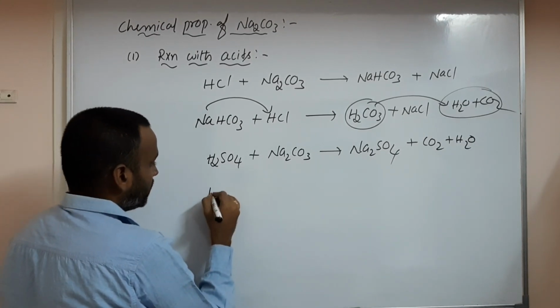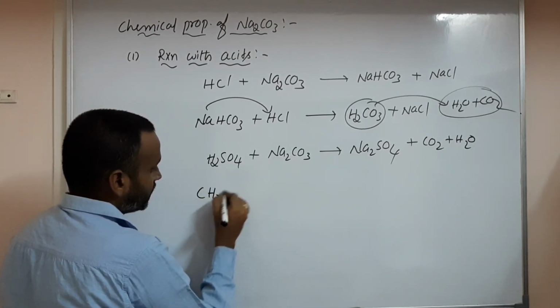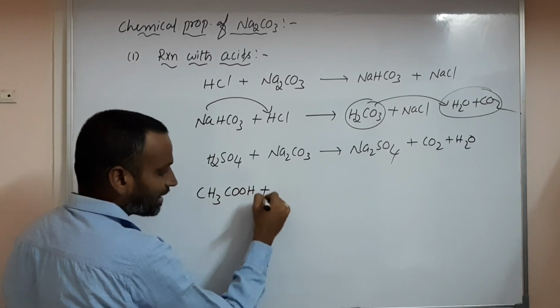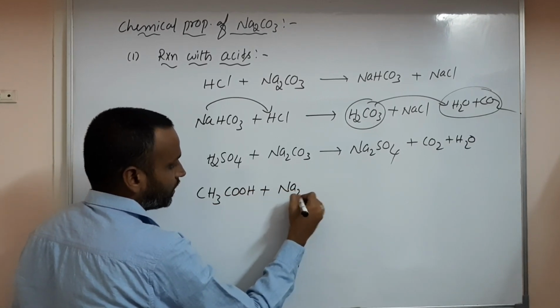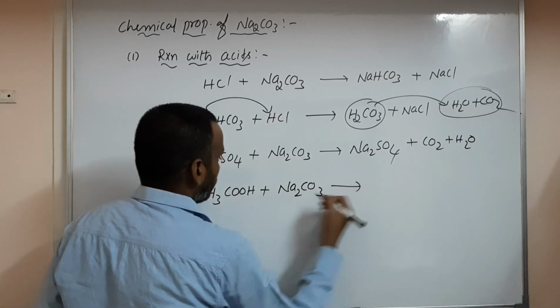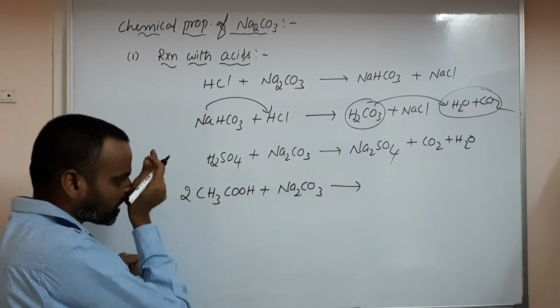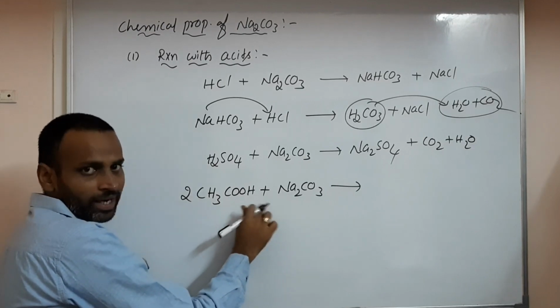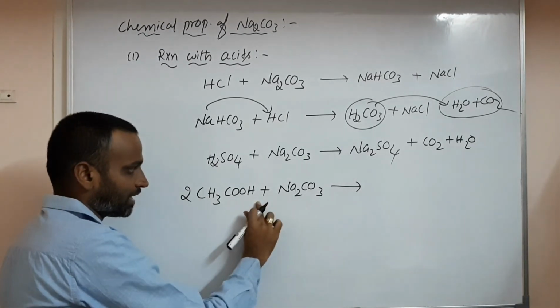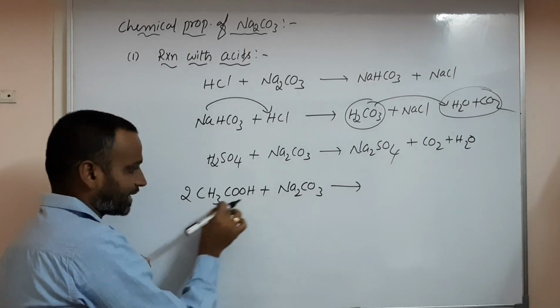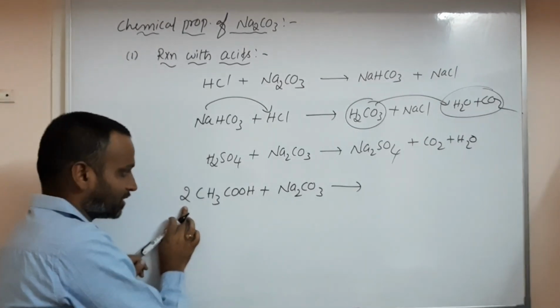Even CH3COOH can react with Na2CO3. Certainly what you will get is very simple. 2 sodiums are there, so 2 H plus ions have to be present. That's why I consider 2 moles.